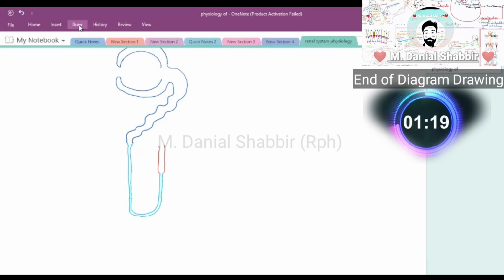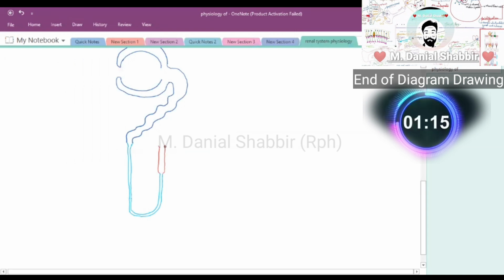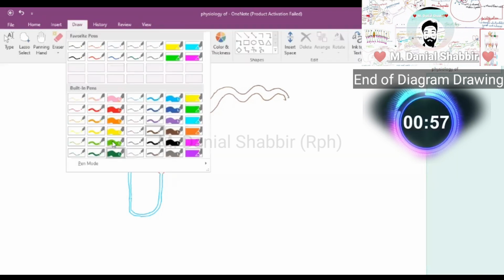The next portion is the distal convoluted tubules. Okay, this portion is DCT.